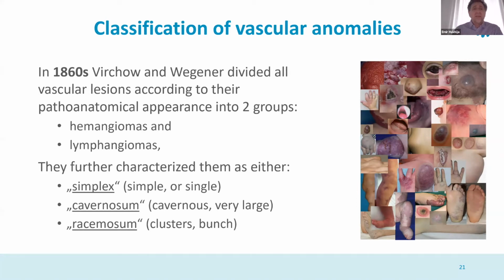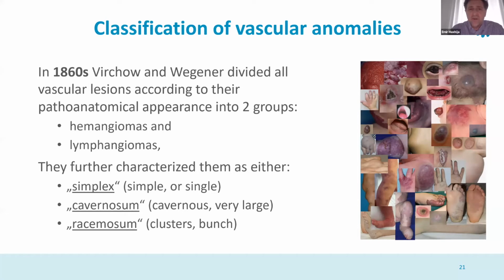It was in the middle of the 19th century, I cannot but mention this, when Virchow and Wegener made a very important distinction between hemangiomas and lymphangiomas. They analyzed many pathoanatomical appearances of vascular lesions and came to this conclusion. They found that there are vascular lesions composed of blood tissue and vascular lesions composed of lymphatic tissue.